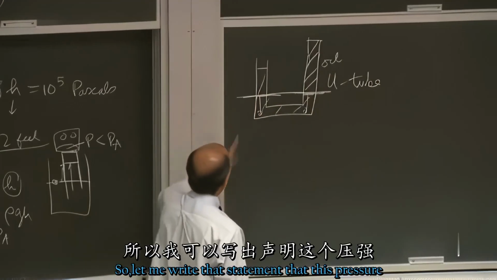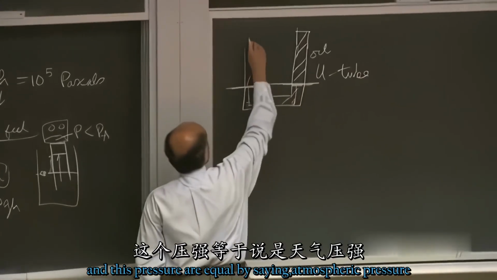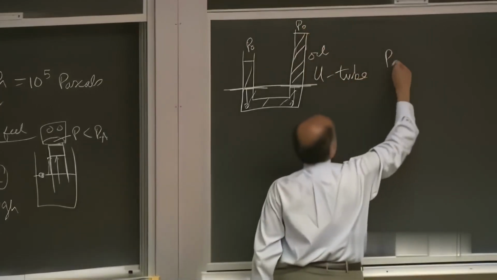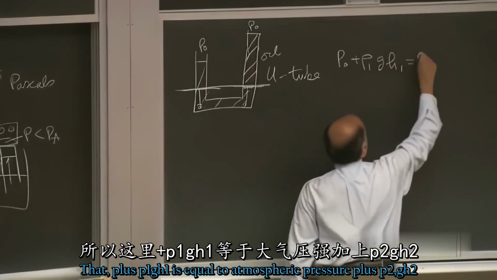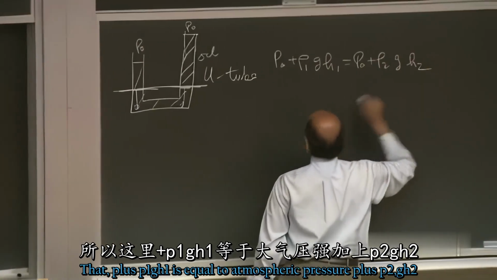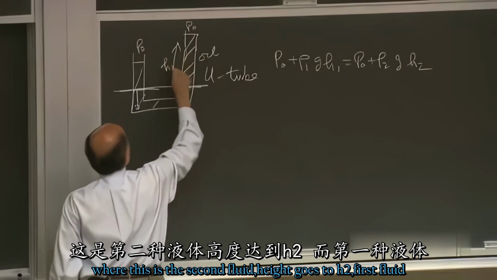So let me write that statement that this pressure and this pressure are equal by saying atmospheric pressure is on the top for both of them. That plus rho1 g h1 is equal to atmospheric pressure plus rho2 g h2, where this is the second fluid, height h2.